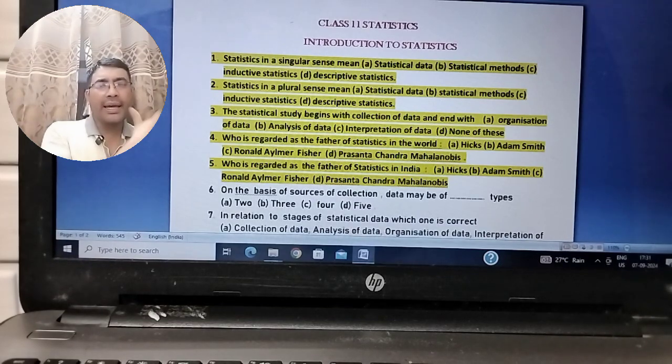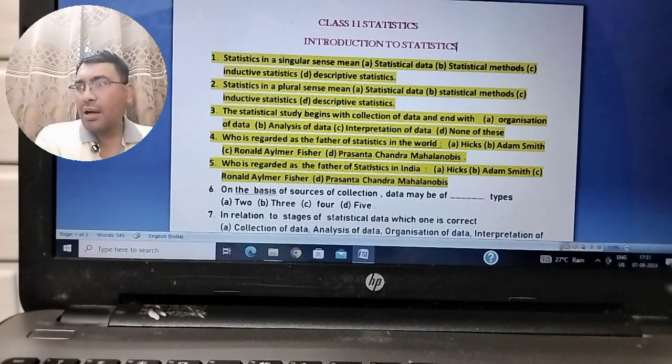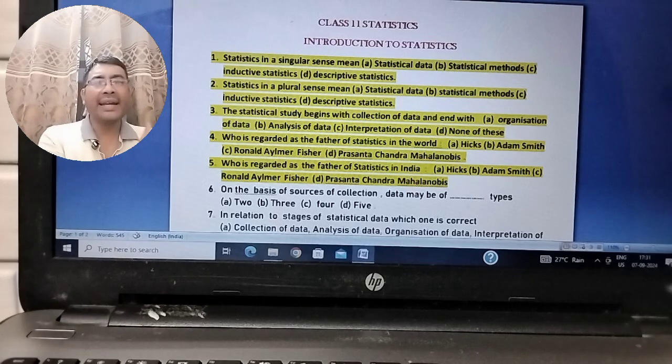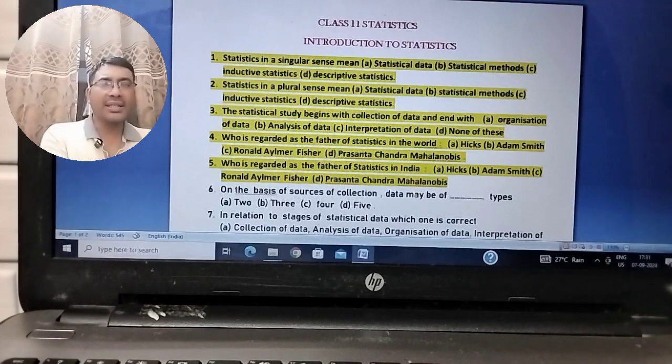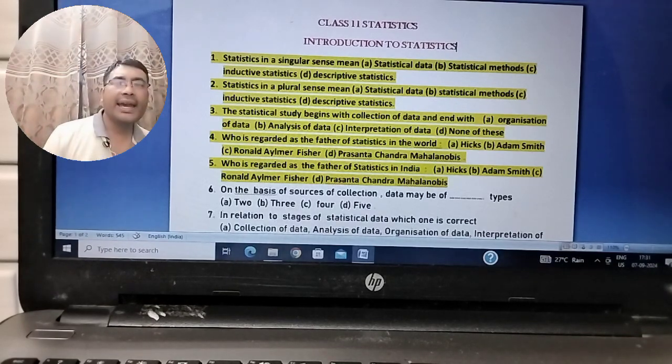Quantitative data may be like kilograms, grams, centimeters, in the case of height and weight. Qualitative data means intelligence, level of intelligence, or good, bad, these are qualities. But as far as statistics is concerned, we are concerned only with quantitative data. We are not concerned with qualitative data.